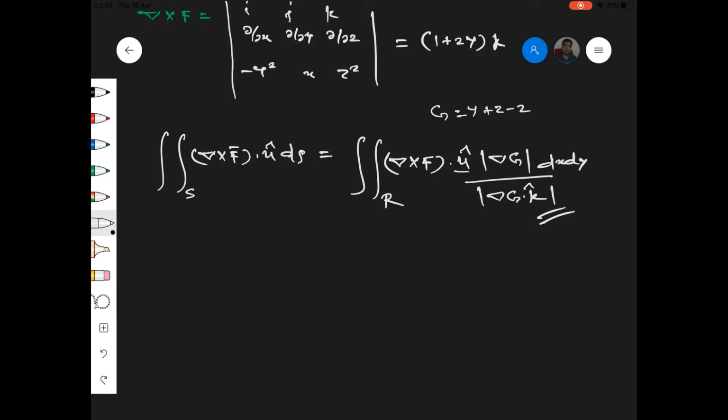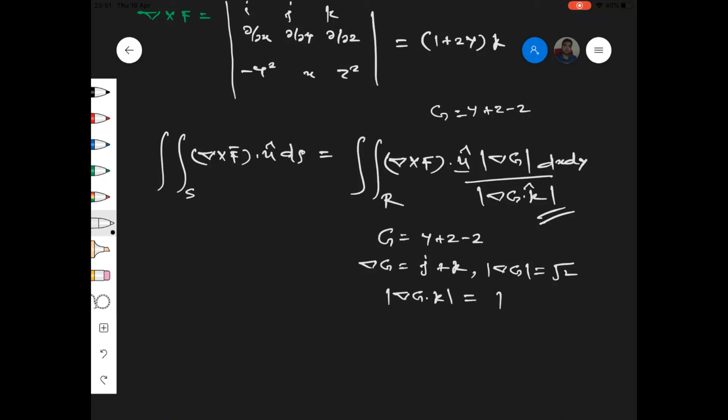Let us begin with the surface g, which is y plus z minus 2. Let's evaluate its gradient, del g, which is equal to j plus k. The absolute value of del g will be equal to under root 2. Mod del g dot k is going to be 1.